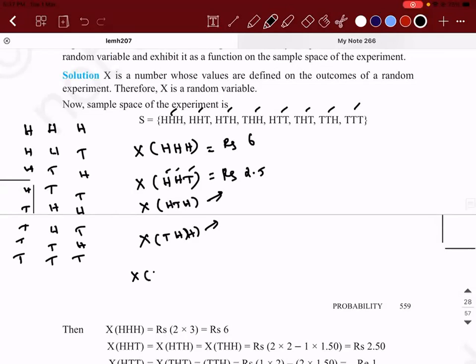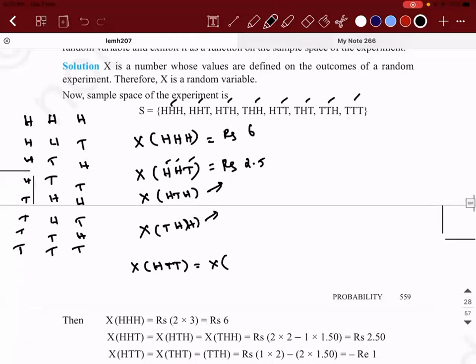What about X of HTT, which is the same as X of THT and X of TTH? With 2 tails, he is losing 3 rupees, and with 1 head, he is gaining 2 rupees. So 2 minus 3 is minus 1.